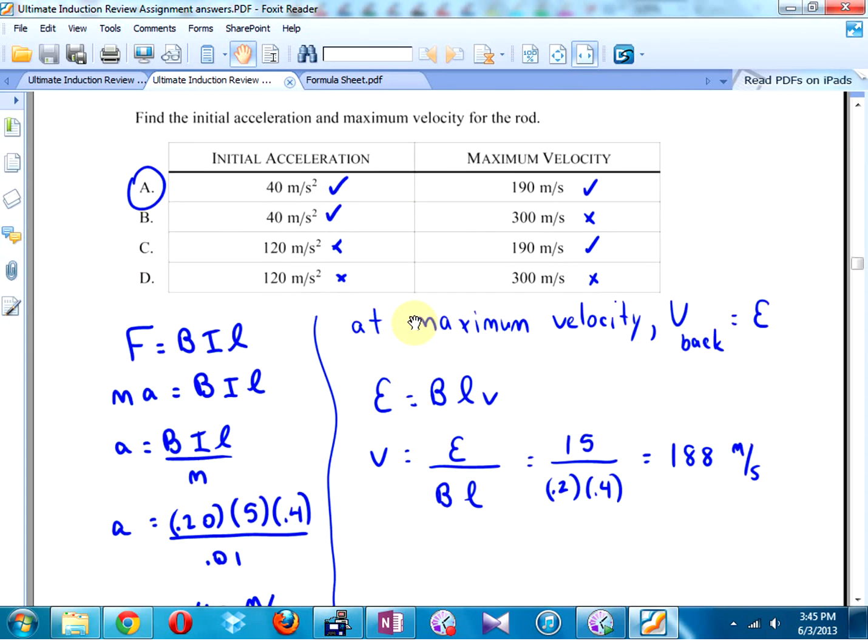F equals BIL? Yep, that's last unit. What F is that? It's just the magnetic force. That's the force that a current carrying wire feels when it's going perpendicularly to a magnetic field. Remember I showed you the video last unit of the jumping wire, where when he turned the switch on, the wire moved up, and then when he reversed it, the wire actually pulled the towers right in.